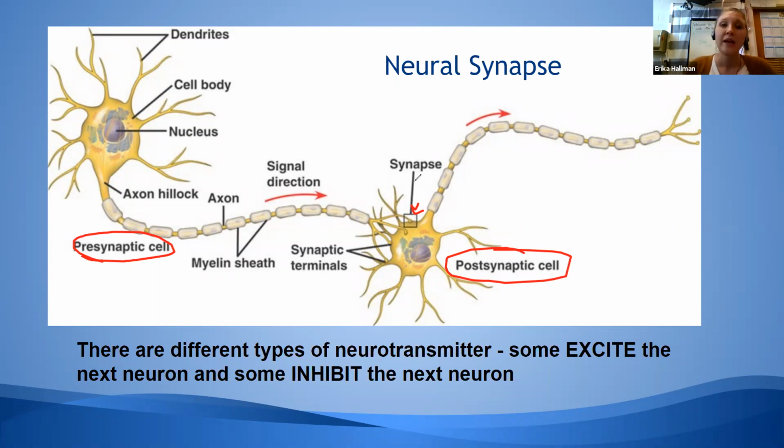of another. Now, in that synapse, what's going to happen is as that electrical signal is traveling down the axon, when it gets to the synaptic terminal, we're going to release something called a neurotransmitter. And if you are in my anatomy class, we actually already talked about this process. In our muscular system unit, we talked about a neuromuscular junction.